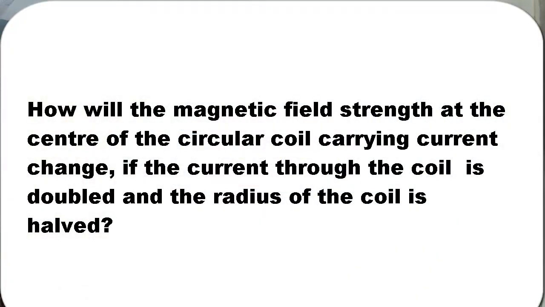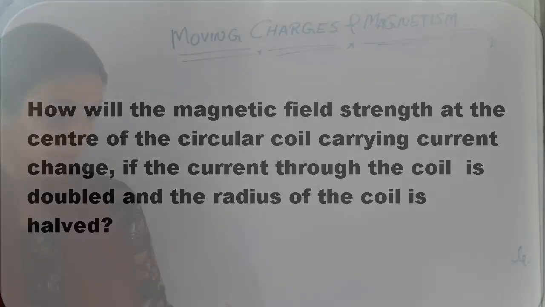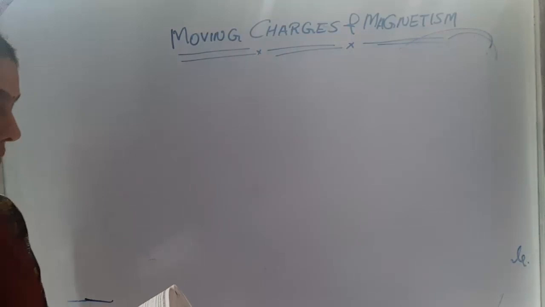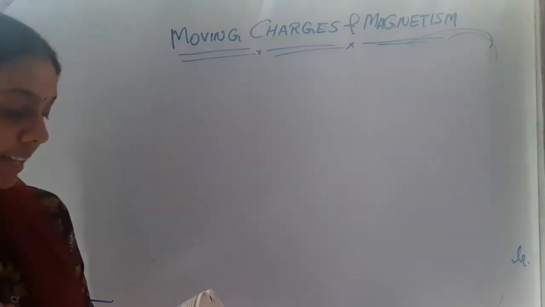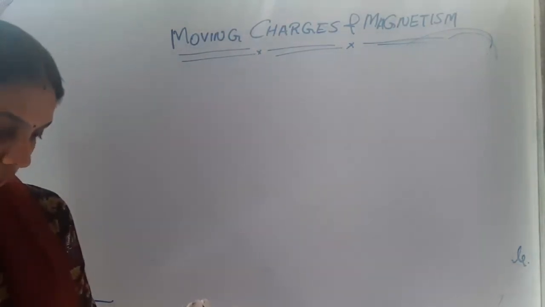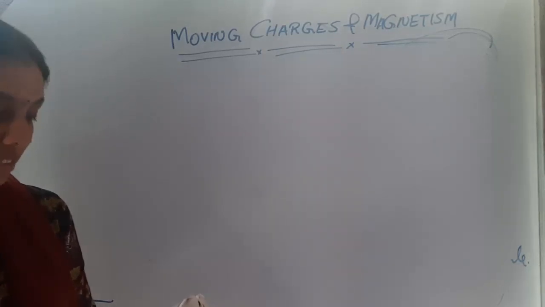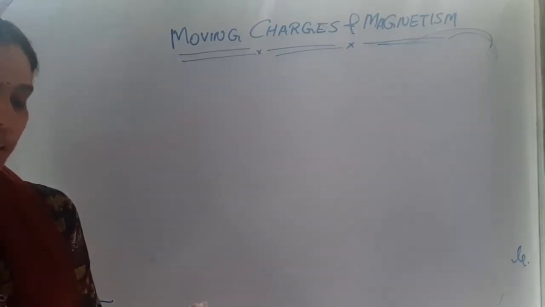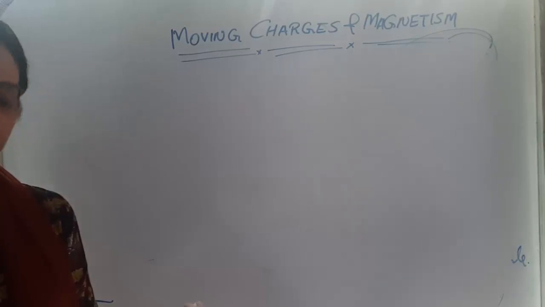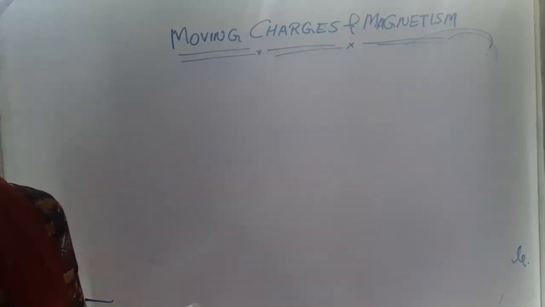So the first question is, how will the magnetic field strength at the center of the circular coil carrying current change if the current through the coil is doubled and the radius of the coil is halved? What will happen?